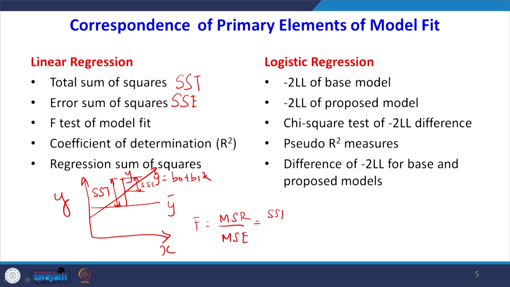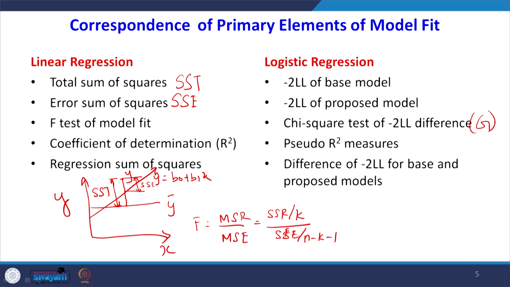MSR is SSR divided by K, the number of independent variables, and MSE is SSE divided by n minus K minus 1. Sometimes some books use K, some books use P to denote the number of independent variables. That is the F value. The equivalent test in logistic regression is the chi-square test of the minus 2LL difference, and that value is nothing but your G.